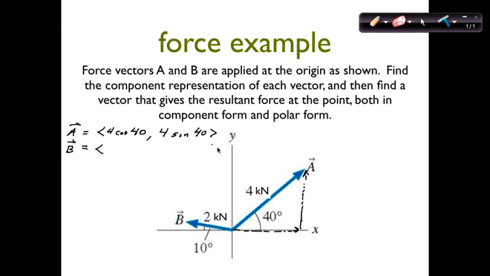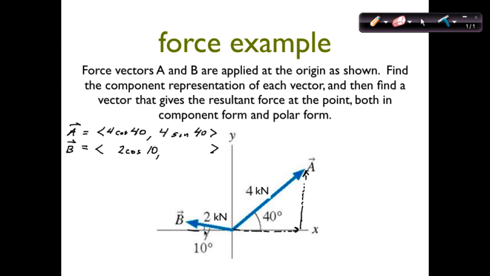a couple different ways to do that. We could use the 10 degrees, or remember we said it was 170. So if we use the 10, what would we have for the x component? 2 cosine 10, is that right? What is our variation in x here?